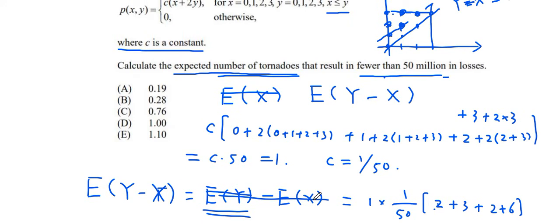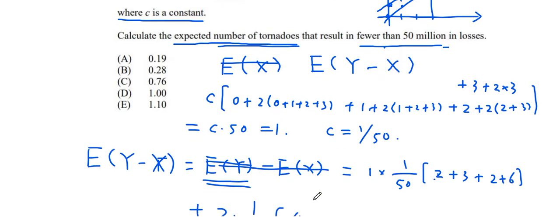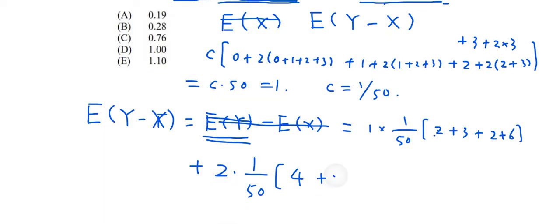The other is X equals 1, Y equals 3, so X plus 2Y is 1 plus 6, which is 7. Plus 3 times the probability that Y minus X equals 3.